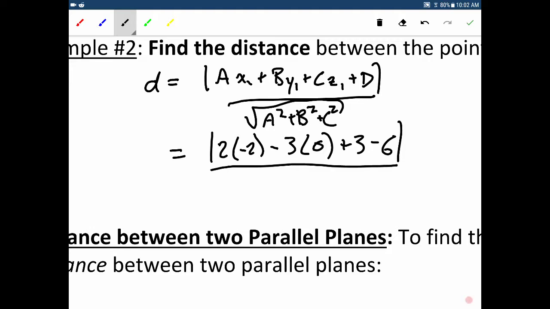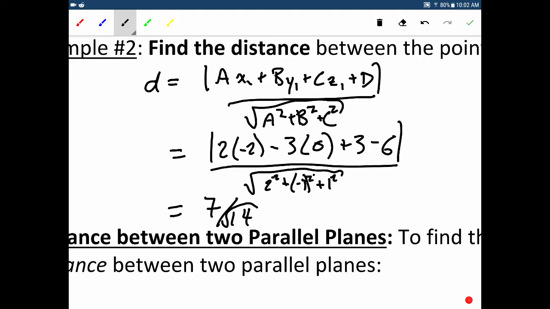And I divide the whole thing by the square root of 2 squared plus negative 3 squared plus 1 squared. Okay, and we simplify that and we will get 7 over root 14.